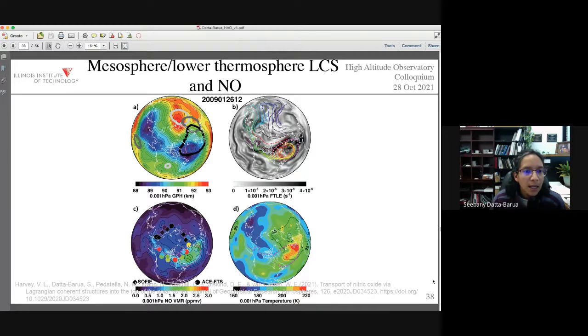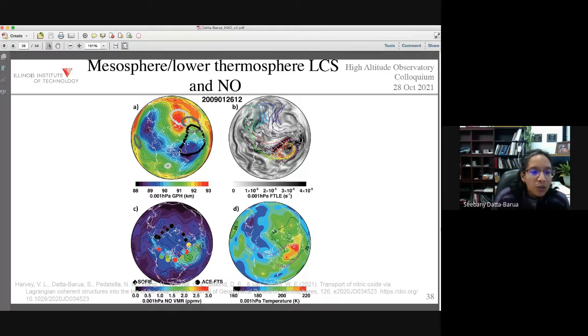And then we've extended this and really been trying to push and see what we can find out going to lower and lower layers. And so this is a study led by Lynn Harvey, looking at the split Arctic vortex. And so on the left-hand side, top plot, this is the WACCM-X DART model.